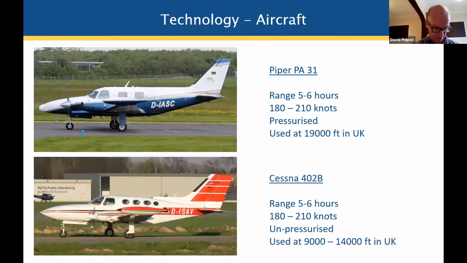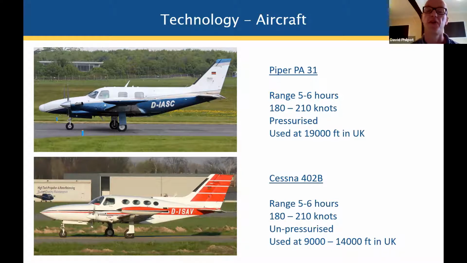So aircraft. I mean, there's a lot of survey aircraft out there, and this is just a couple of the ones we use. But typically you are wanting aircraft, especially for mass capture, you're wanting a good range on the aircraft. So 5 to 6 hours is pretty good. And again, we go back to our two flying heights. So we've got lenses that can fly at 19,000 feet, or we can fly at 9,000 feet.